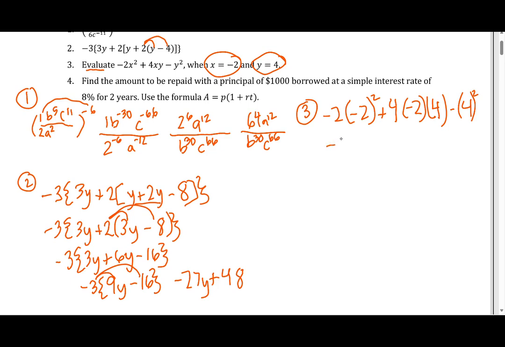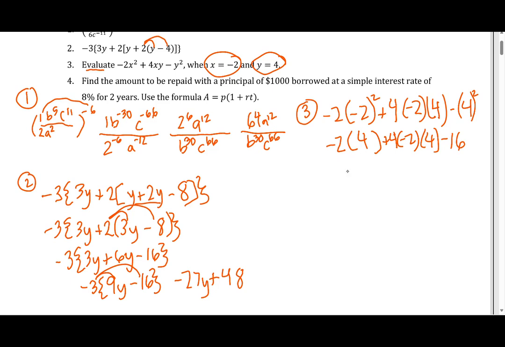Okay, so we've got a negative 2 out front. Let's go into exponents. That's positive 4 plus 4 times negative 2 times 4 minus 4 times 4 is 16, and that minus was already out there, so we're going to go ahead and leave it. Let's multiply.